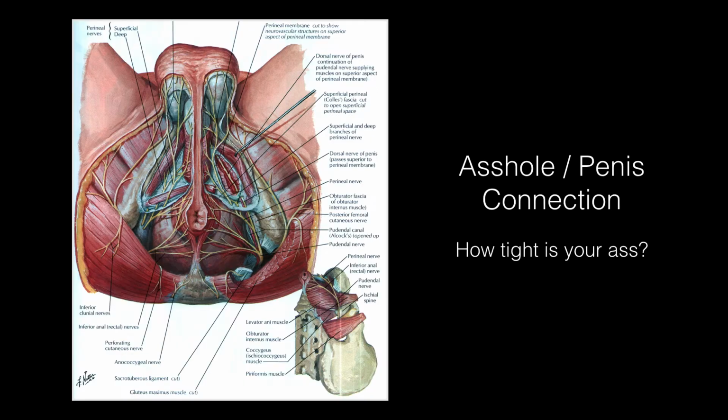And here is another really great picture, a diagram where you can see the innervation of the nerves into the base of the pelvis. So our butthole, our asshole, is always involved in our orgasmic experience because our pelvis contracts, and it contracts the internal and the external anal sphincter.